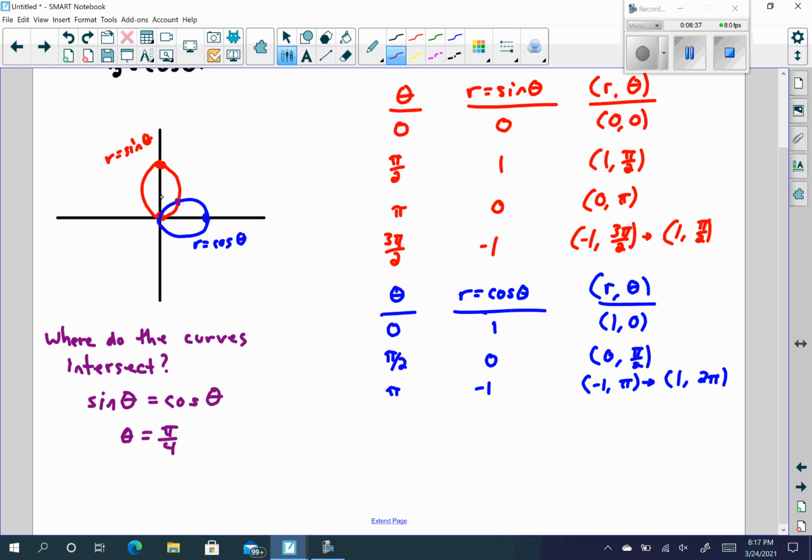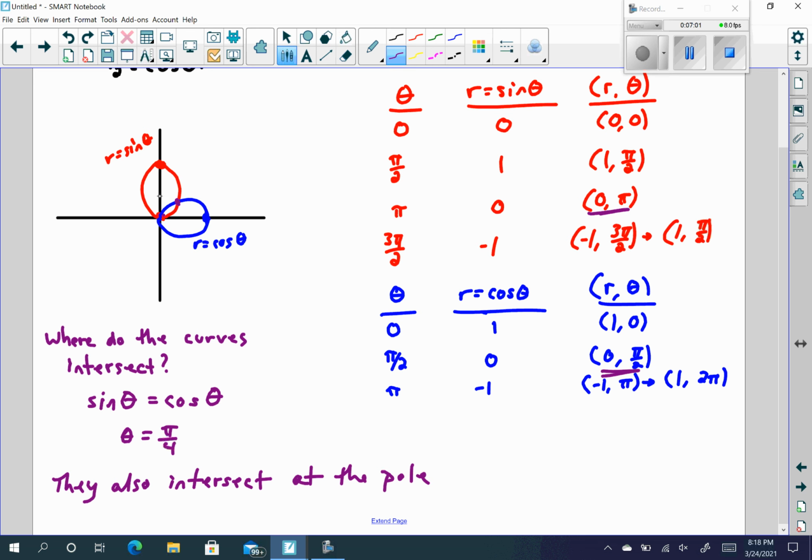Now they also intersect at the pole. But if you notice, what got us to the pole was (0, pi), and then down here (0, pi over 2). So they have different values that took them to the pole. So we're not going to use those. We're going to use the pi over 4.